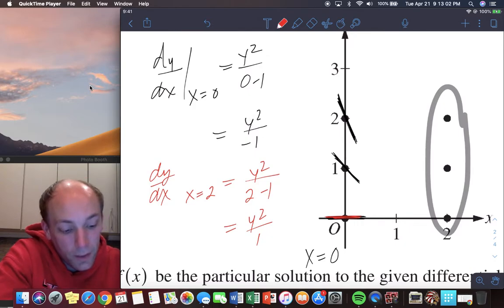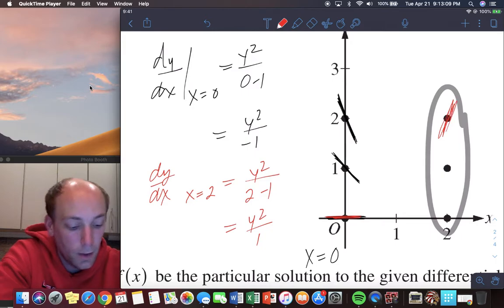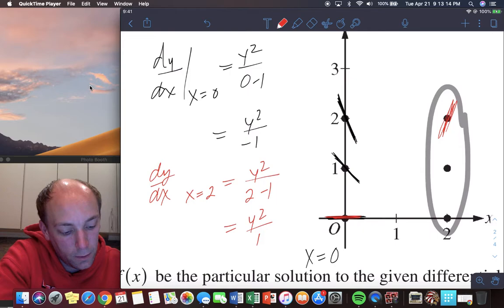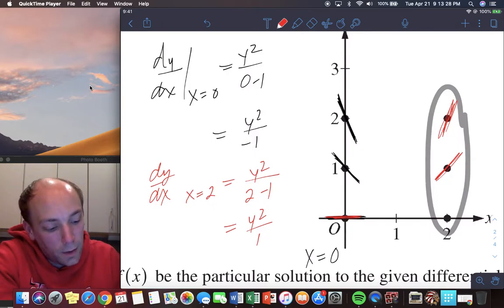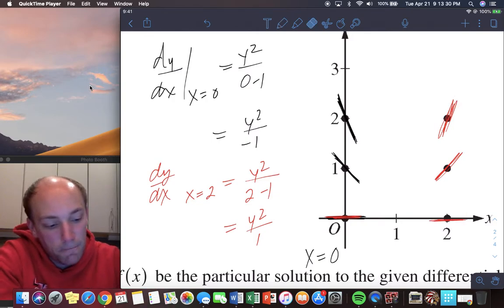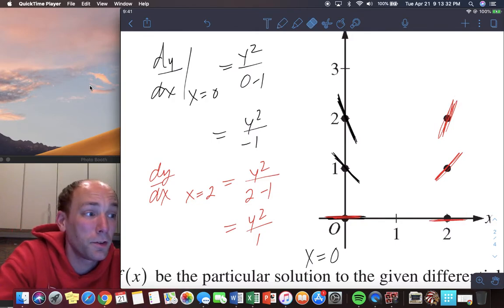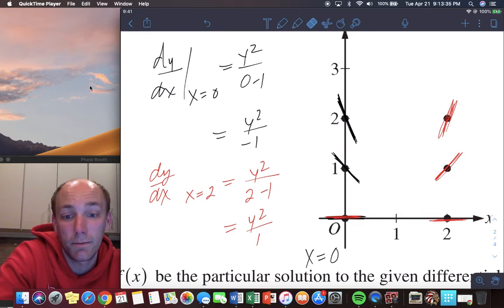For the top point, y squared is 4, so this would have a positive slope of 4. When I plug in 1, I'm going to get 1, because 1 squared divided by 1, so a positive slope of 1. And then a y value of 0, I saw the 2 and got confused, easy thing to do. But a y coordinate of 0, when I plug that in, I'll just get 0. Okay? So that's the slope field at the 6 points indicated.